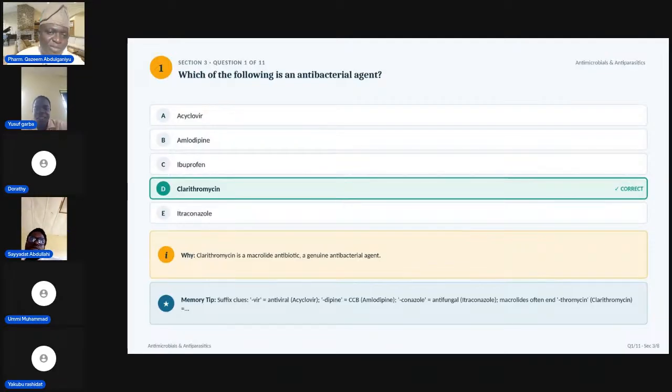But if I'm the one to ask, which of the following is an antiviral agent, then A will become the answer. If I want, I could say which of the following is an antifungal agent, and then E will be your answer. Are you following now? So that could be the twist. It means that your calmness when you are reading the question is very important, as much as the answer you're trying to choose.